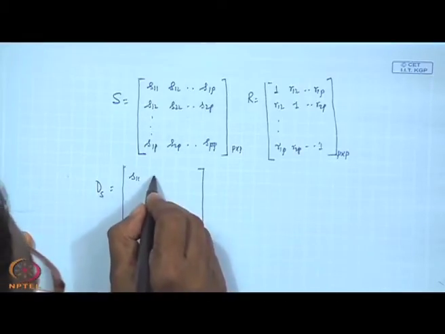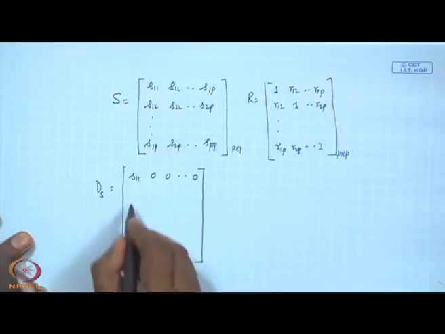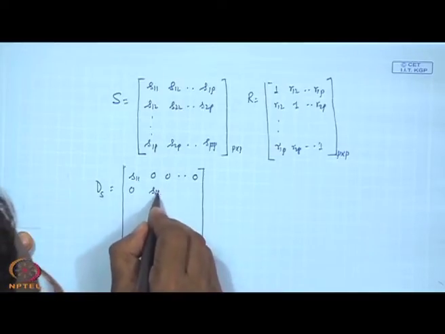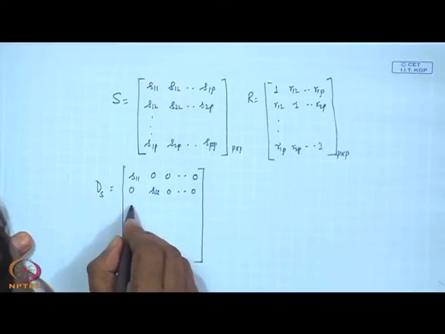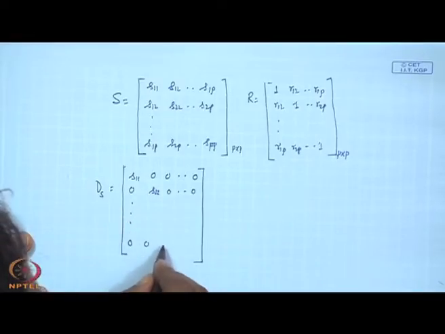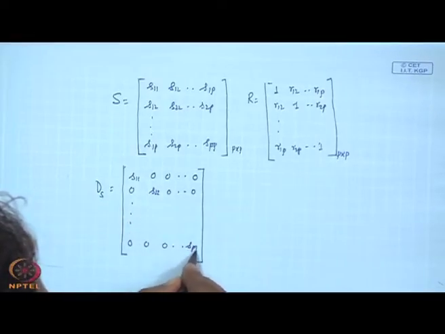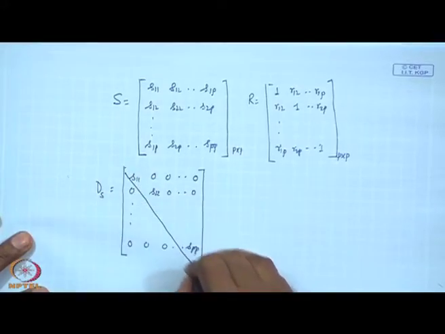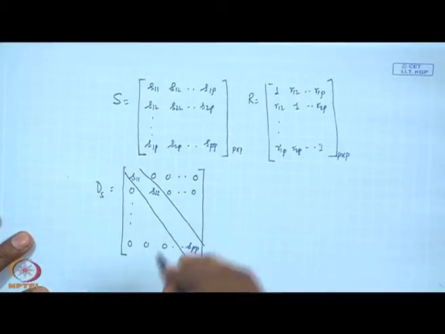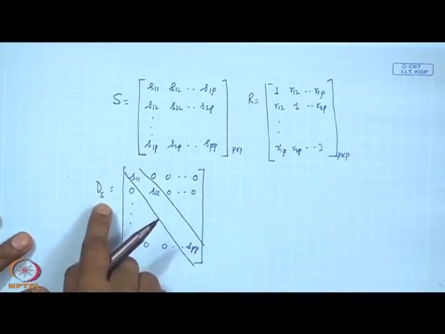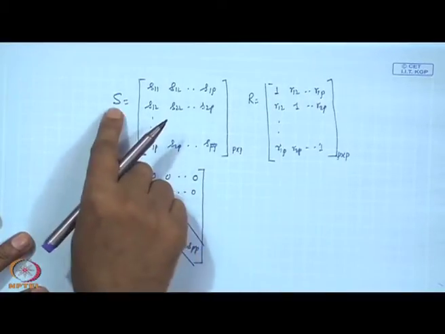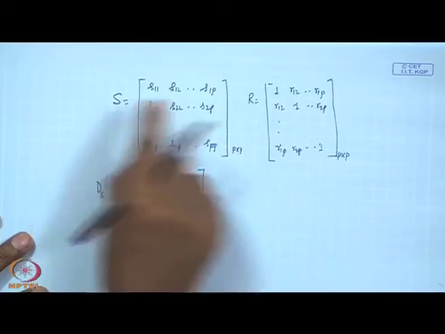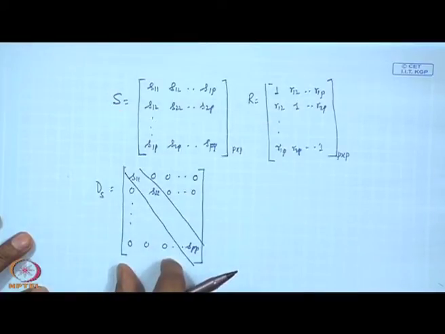So, this is S11 0 0 0, 0 S22 0 0, like 0 0 0 Spp. So, the diagonal elements of DS are the diagonal elements of the covariance matrix, and the off-diagonal elements are 0.